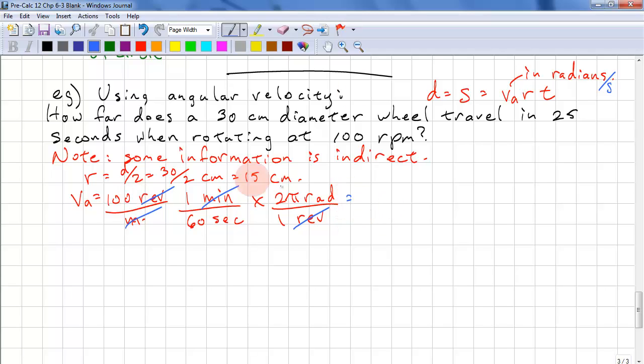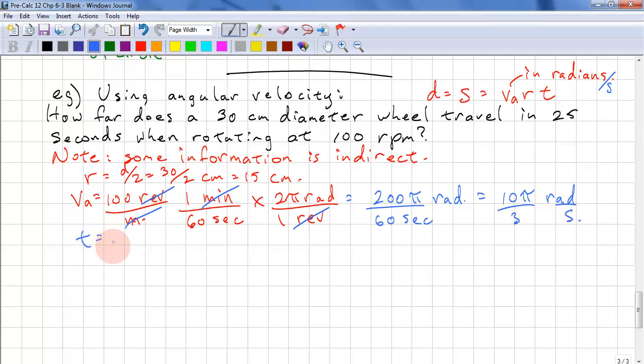So we have 100 times 2 pi. So this is 200 pi over 60 seconds. And that's radian. And we simplify. This is 10 pi over 3 radians per second.